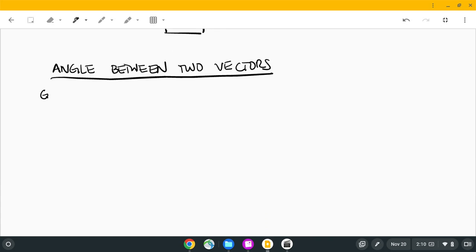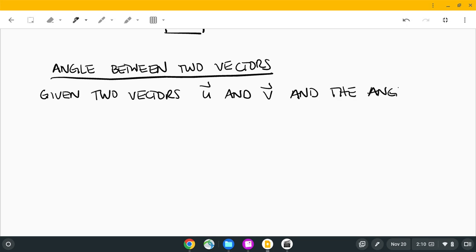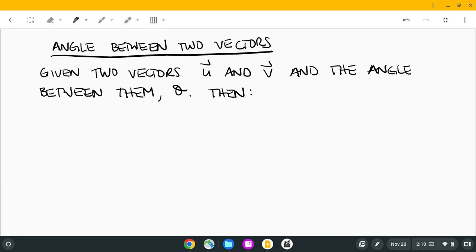All right, so given two vectors, u and v, and the angle between them, we'll call it theta, then u dotted with v is going to be equal to the magnitude of u times the magnitude of v times the cosine of theta.